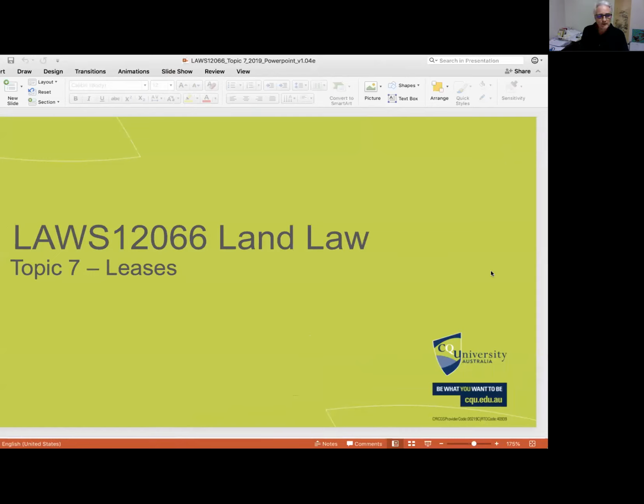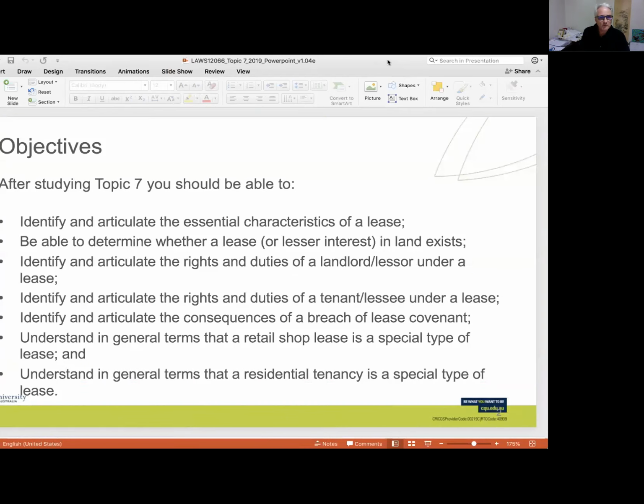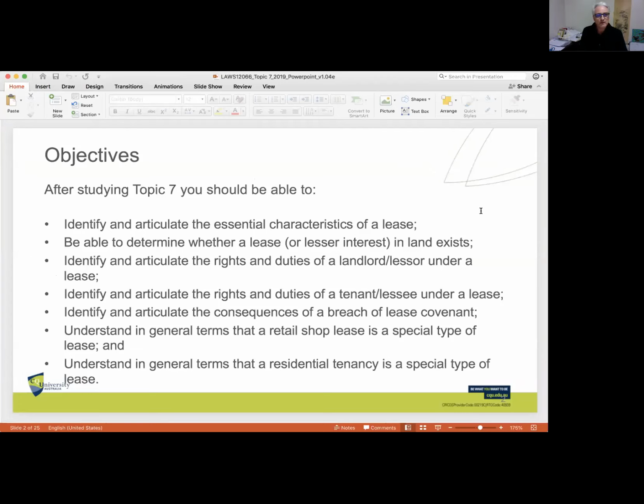So we are here in a topic on leases, and where are we going? We're looking to identify the essential characteristics of a lease. We need to work out in any given situation how you can decide whether or not you've got a lease or a leasehold interest in land.